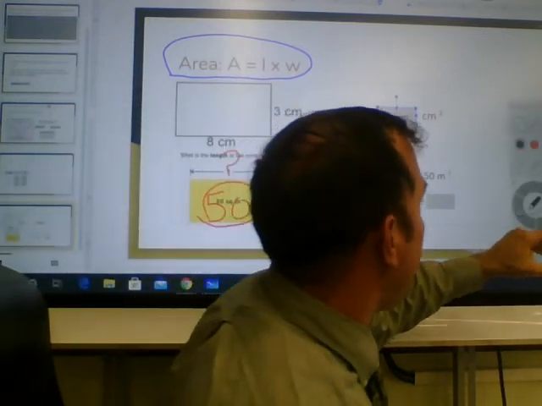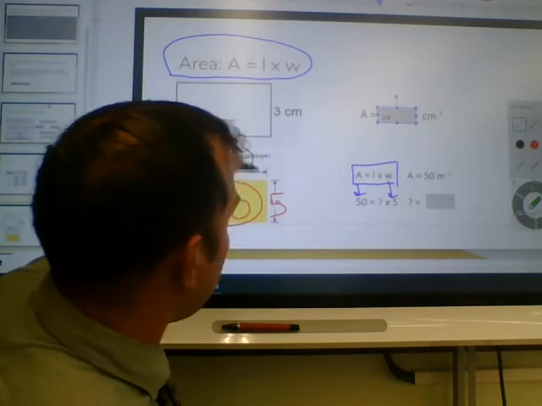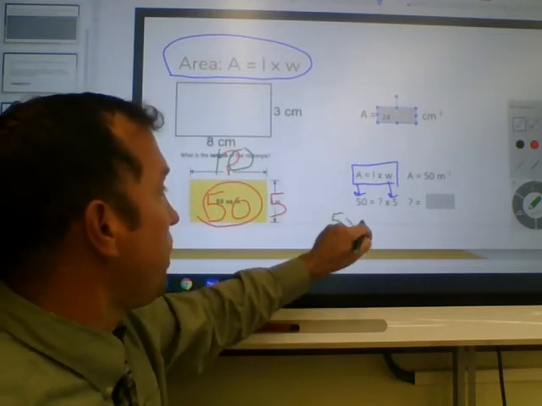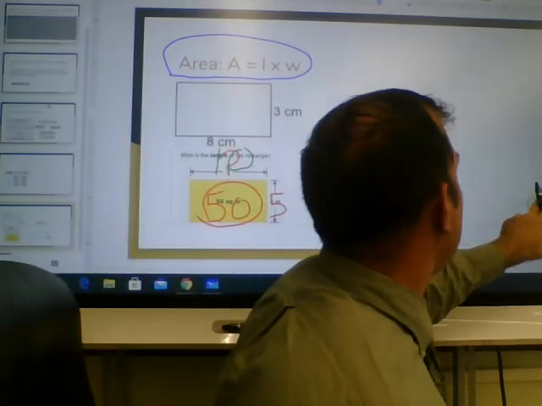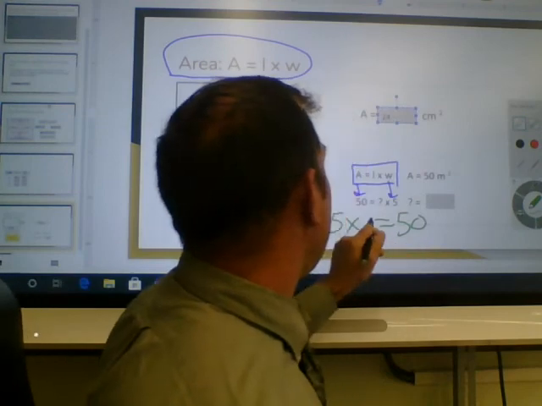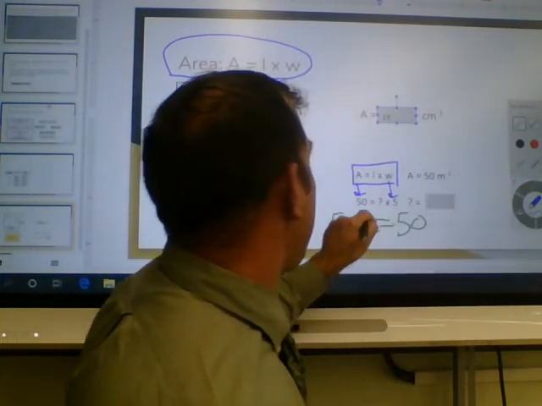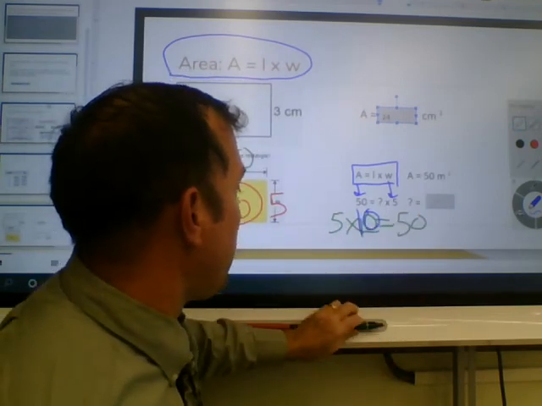This has to be a 10 for this to work. So you almost like substitute it in there. 5 times what equals 50? Well, it has to be 10. So that's what I would put in that last box.